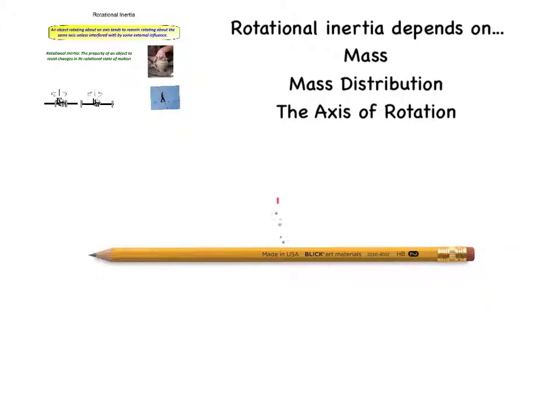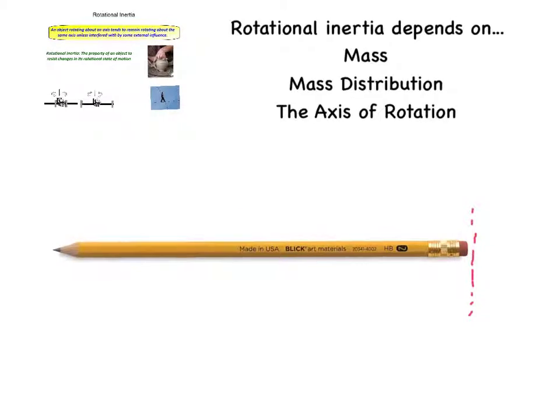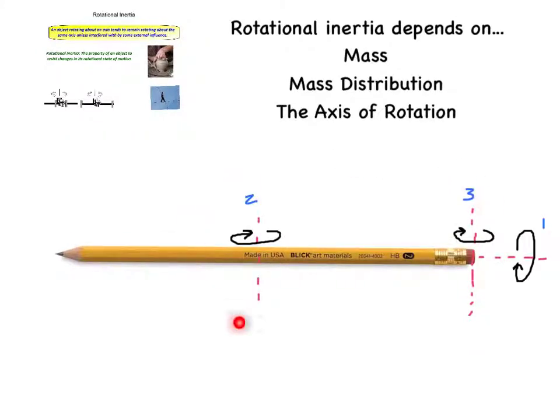Second would be about its perpendicular midpoint, so that the pencil would rotate around this direction. And third, it could rotate about an axis perpendicular to one of its ends, so it would be able to rotate, say, this way. So here are all three of those possible axes of rotation.